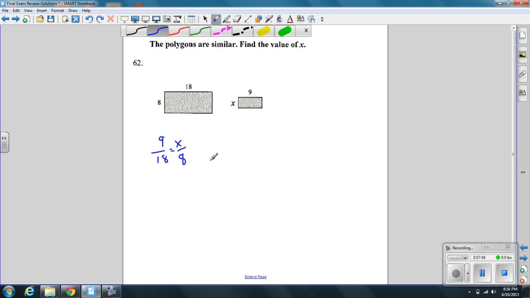Some of you may not see it that way, so we can do the cross product, which will always, always be right. So 9 times 8, 72, and we divide that by what's left, which is 18. So 72 divided by 18 is 4. But you can look at it this way. 18 divided by 2 is 9, so 8 divided by 2 must be 4.